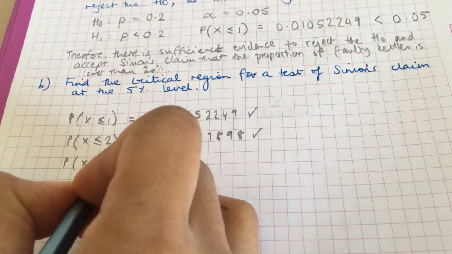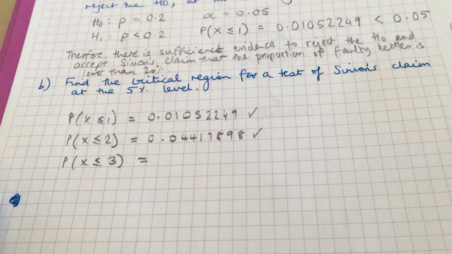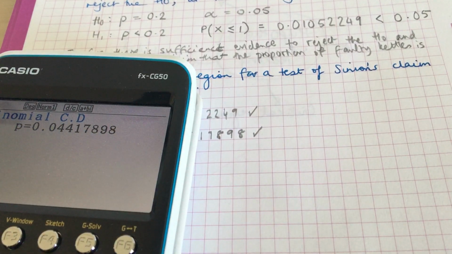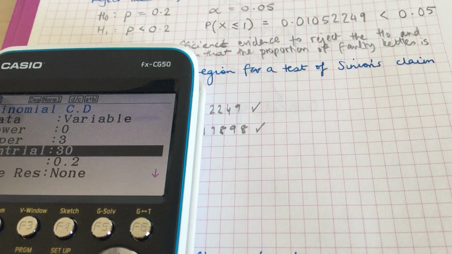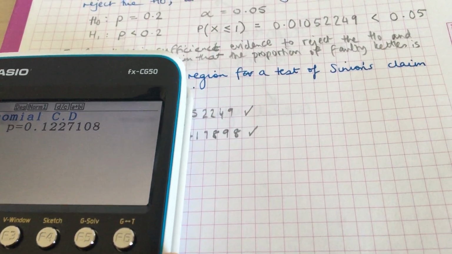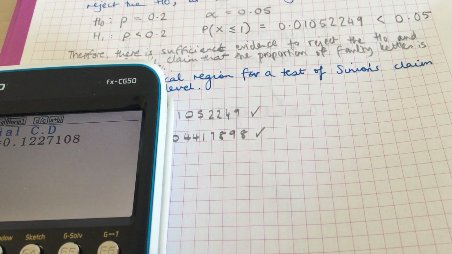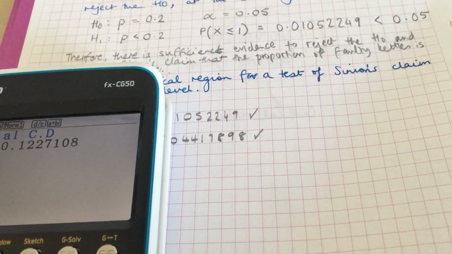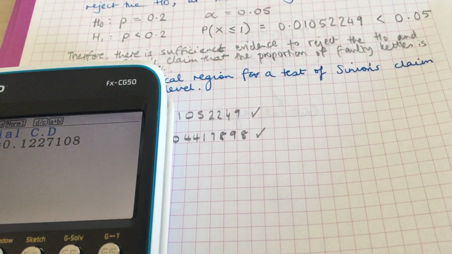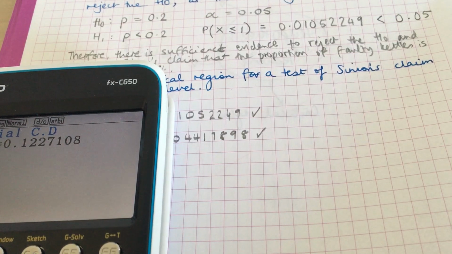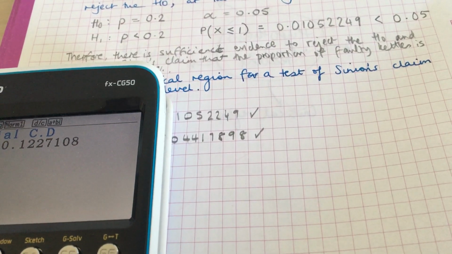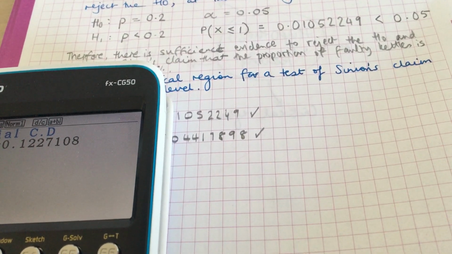Then we find the probability x is less than or equal to 3. Make the upper bound 3, and here we find the probability that out of 30 kettles, 3 or fewer kettles being faulty exceeds our rejection region criteria, which, the significance level, is 0.05.